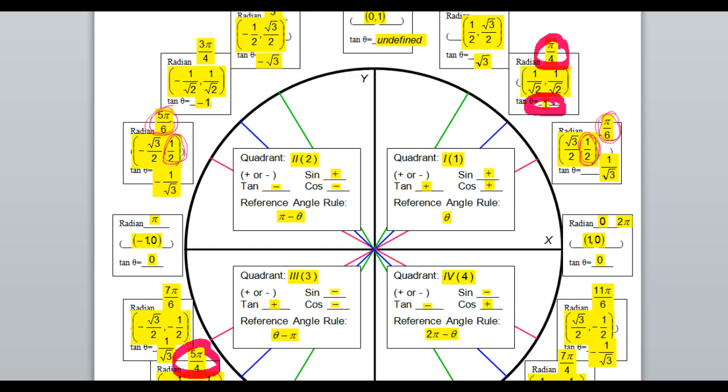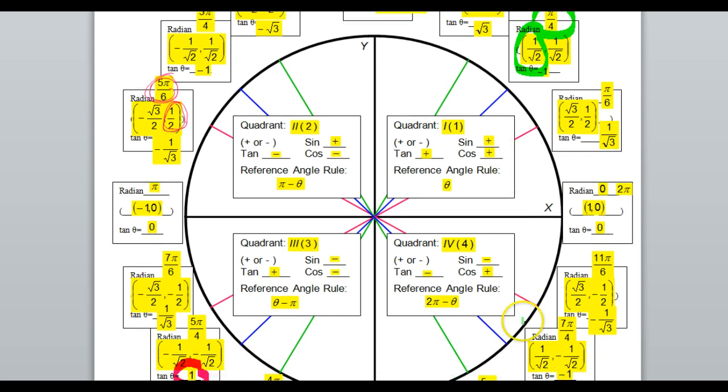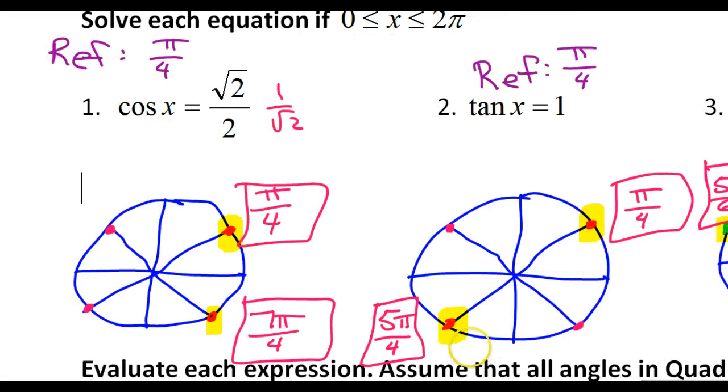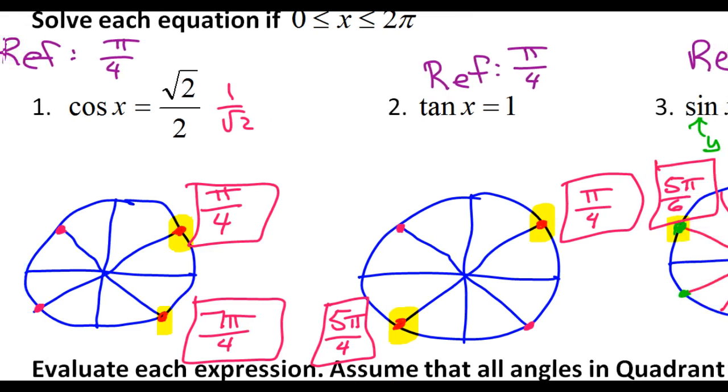Okay, here's one. Here's 1 over radical 2, cosine, x value. So that's pi over 4. What else you got? Oh, look, there's another one. Another x value, another cosine. That one is 7 pi over 4. So pi over 4 and 7 pi over 4. All right? So if you have access to a unit circle that's filled out, you're on easy street.